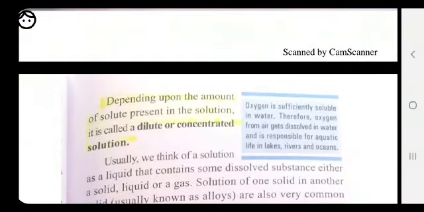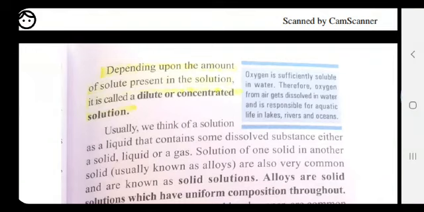After that we have diluted or concentrated solution. We also know that if the amount of solvent is more compared to the solute, like if we dissolve a small amount of salt in water, say only 2 tablespoons of salt in 1 glass of water, here the ratio of water is more and the ratio of salt is less.